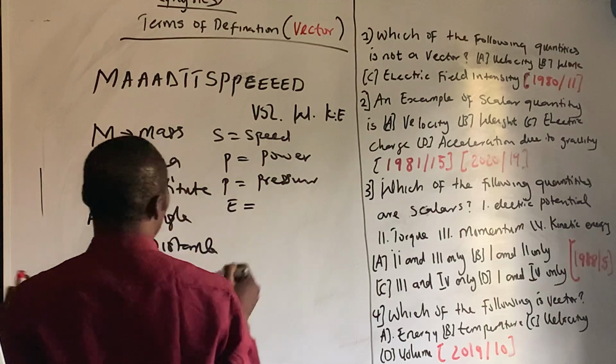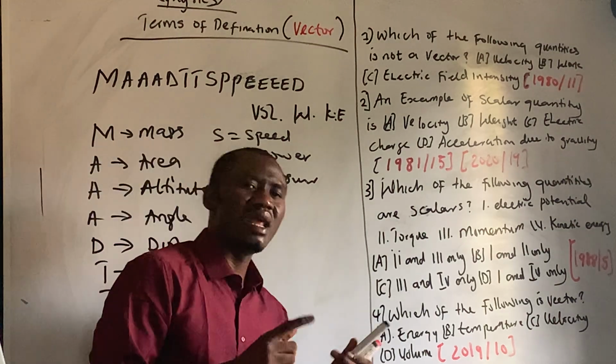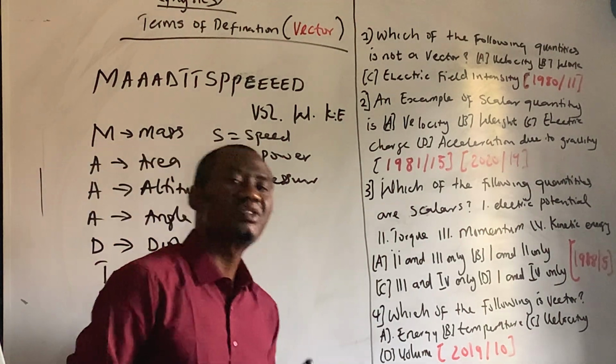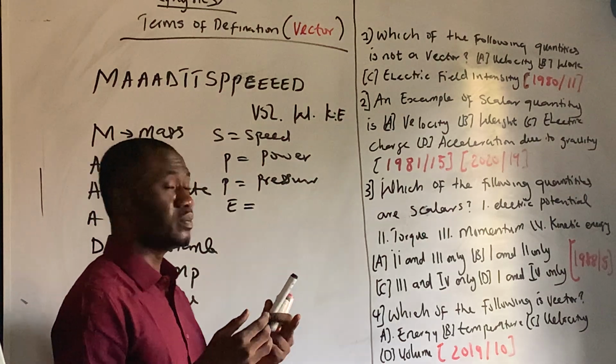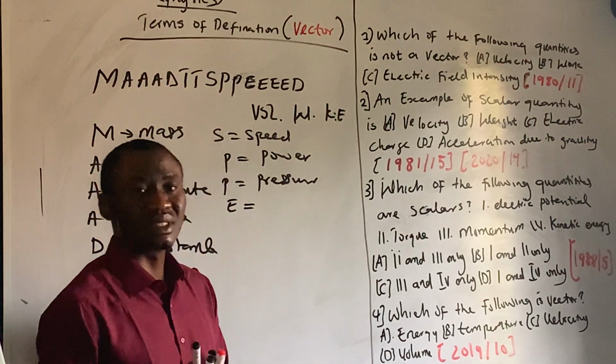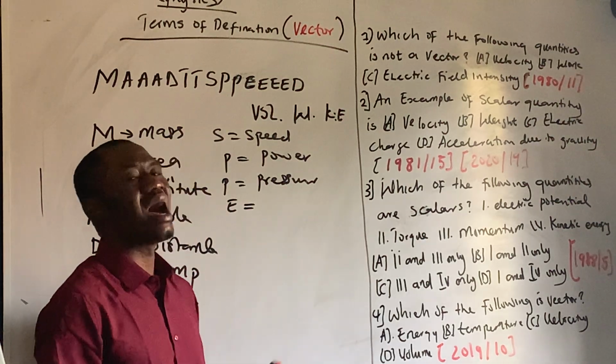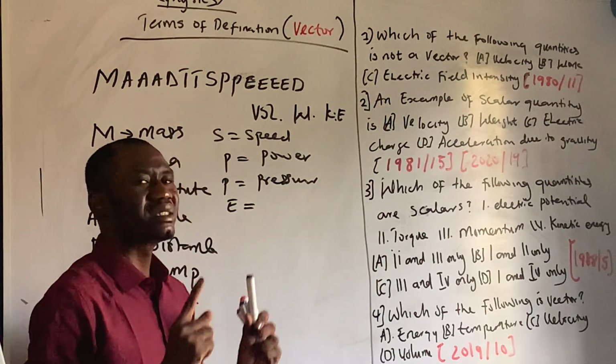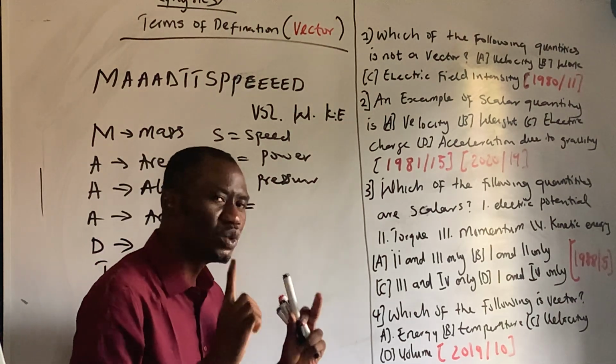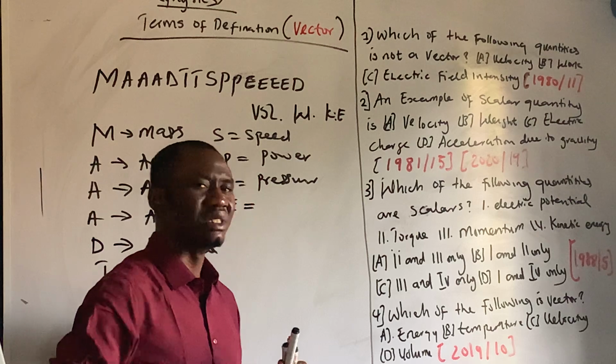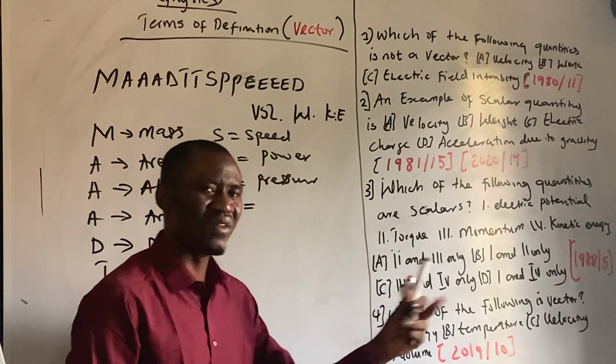Then E. Now, all the E's there, the electric resistance, the electric charge, the electric capacitance, all of those are scalar quantities, except electric field. Electric field is not a scalar quantity. Electric field is a vector quantity.